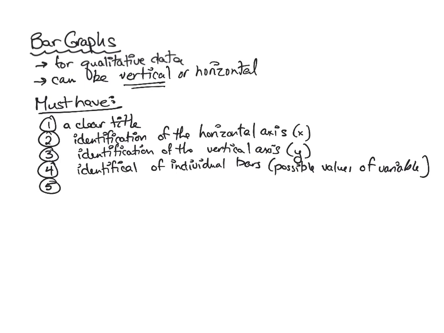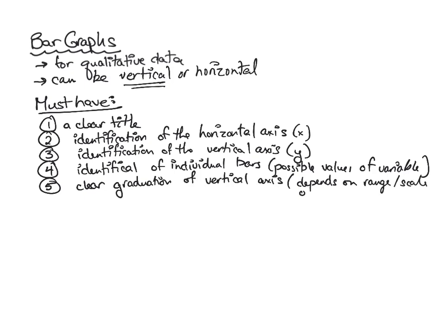Number five is a clear graduation of the vertical, usually the vertical axis. And this, of course, depends on the range and scale of the frequencies.